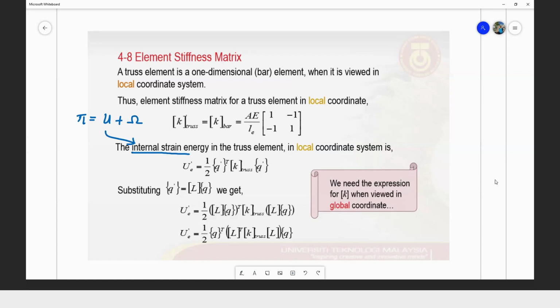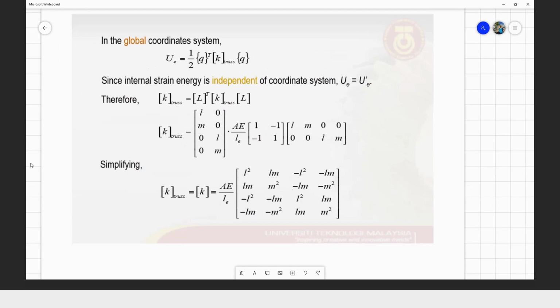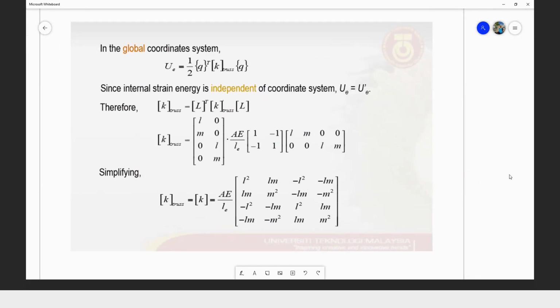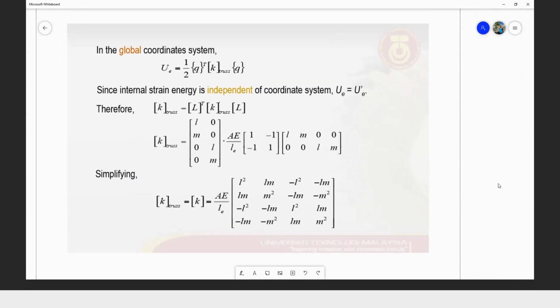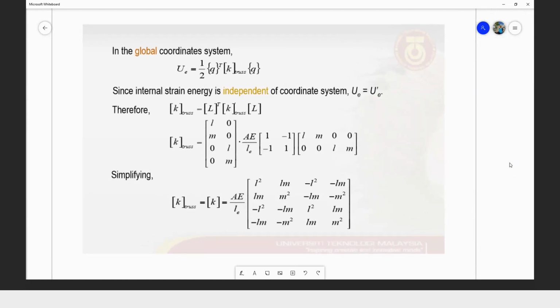from this stage, we found that the element stiffness matrix for the plane trusses problem is given by this equation.